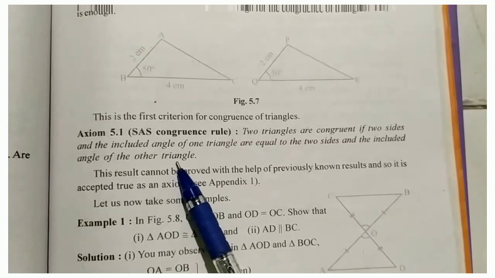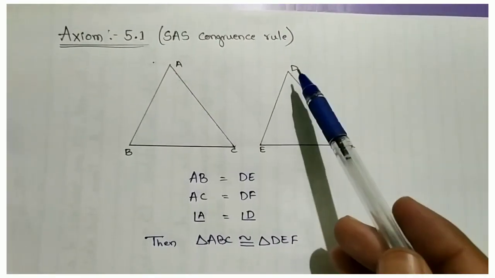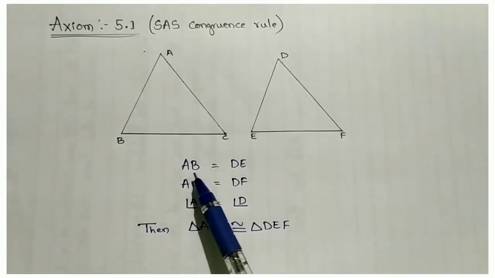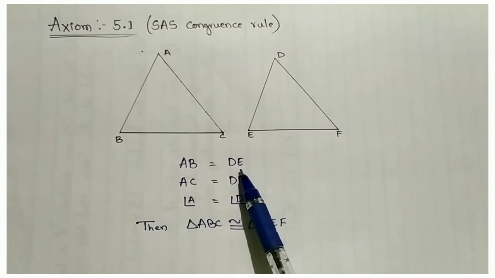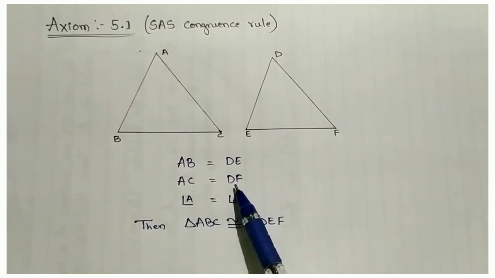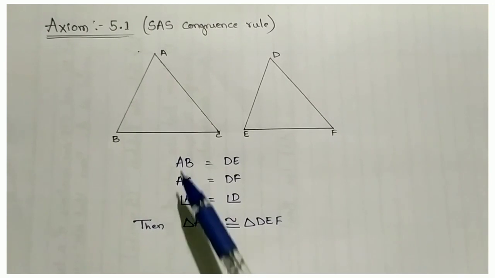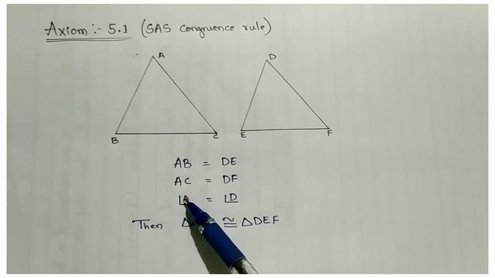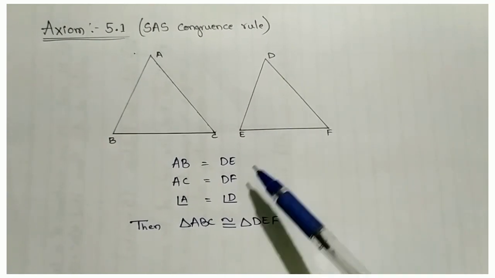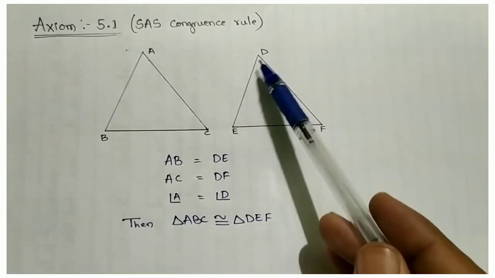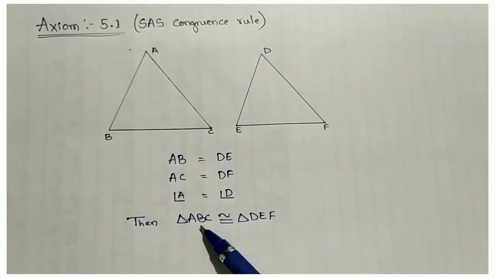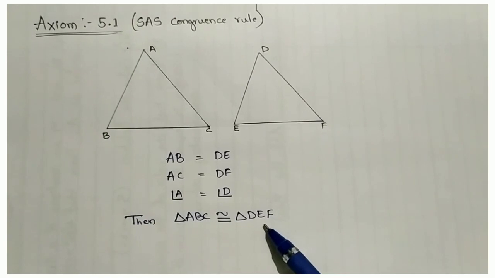If I take two triangles ABC and DEF, with AB equal to DE, AC equal to DF, and the angle included between those sides, angle A, equal to angle D, then triangle ABC is congruent to triangle DEF.